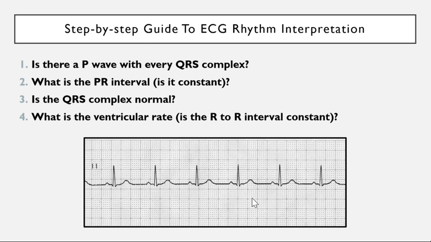Is there a PR interval, and is it consistent? Is the QRS complex normal, meaning very narrow? You'll see some arrhythmias that aren't normal QRS complexes. And what is the ventricular rate, the R to R interval, meaning the heart rate? If it's fast or slow, that tells you if you have brady or tachycardia.